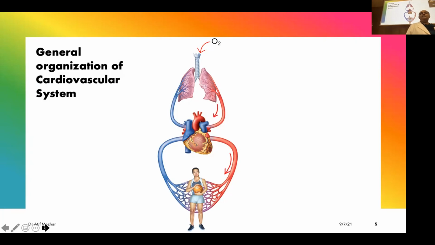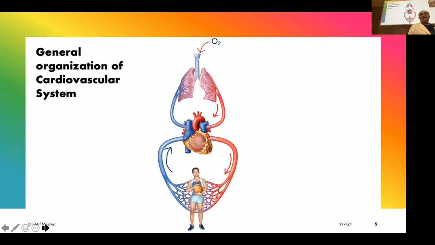For bringing the nutrition and oxygen, because each organ is dependent on oxygen. And after that, the oxygen-rich blood carries the oxygen plus other nutrients, the carbon dioxide is released and carried by the same blood, and it is going back from the whole of my body to the heart.